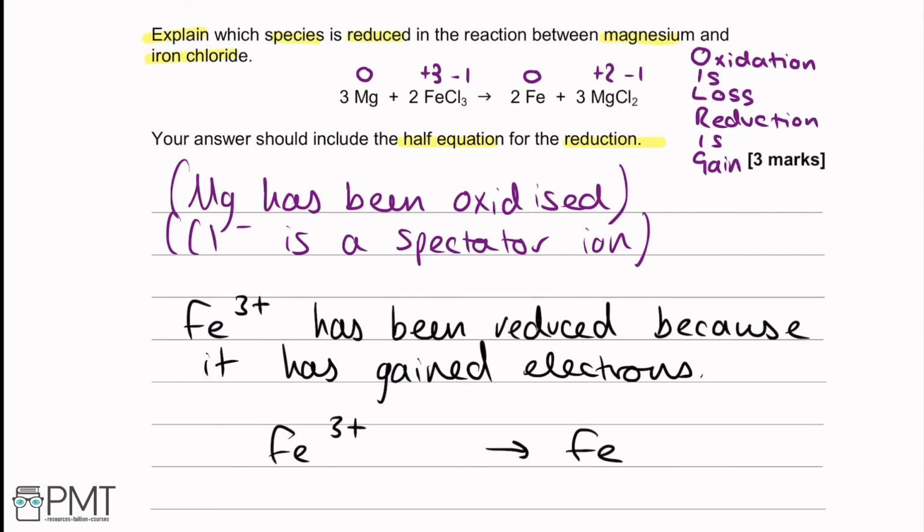So here we need to add electrons to counteract that 3+ charge, and we're going to need 3 of them on the left hand side. Okay, so this was a 3-mark question. 1 mark for identifying it was iron 3+ that's been reduced, and then 1 mark for your explanation, talking about it gaining electrons. And the final mark was for a correct half equation for the reduction.